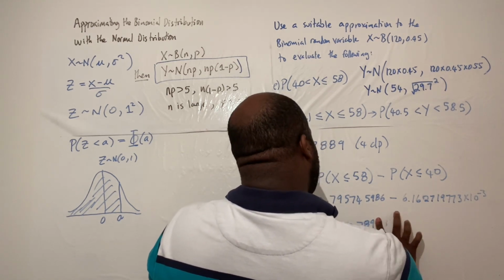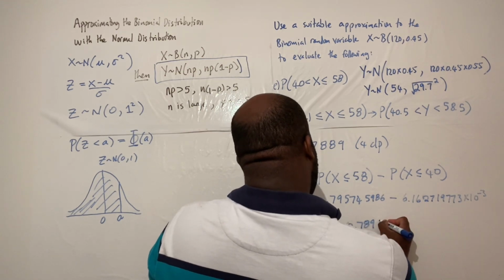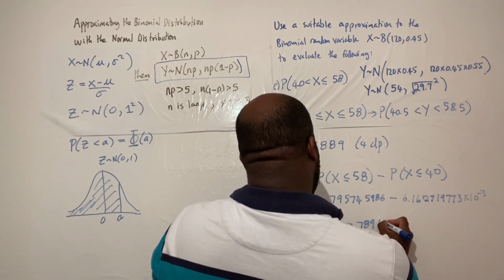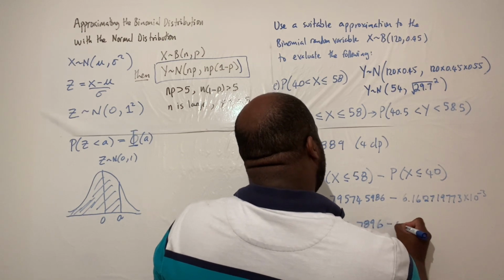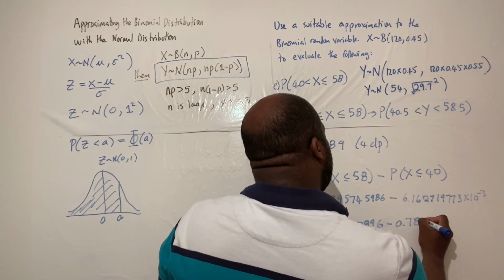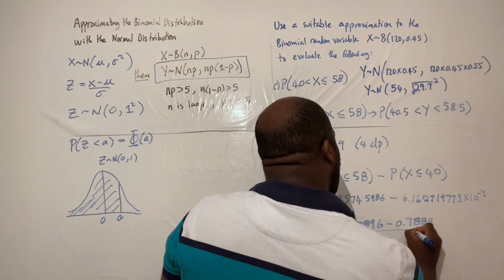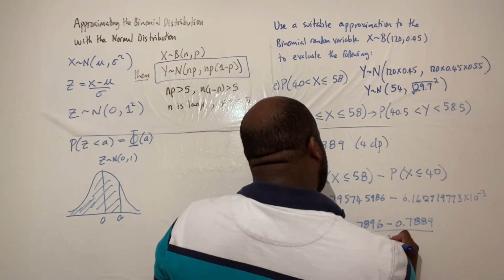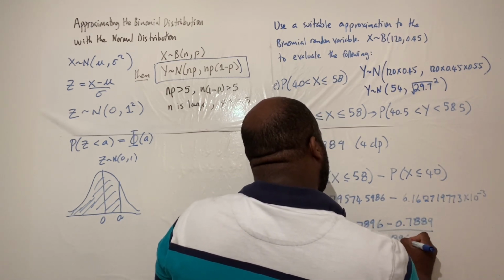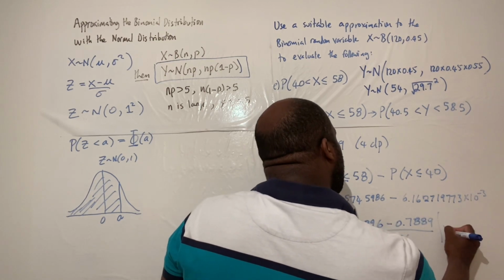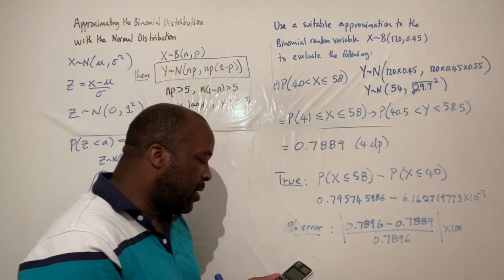So let's round that to 4 decimal places. 0.7896 minus 0.7889 over 0.7896. We're taking the absolute value and then multiplying that by 100.